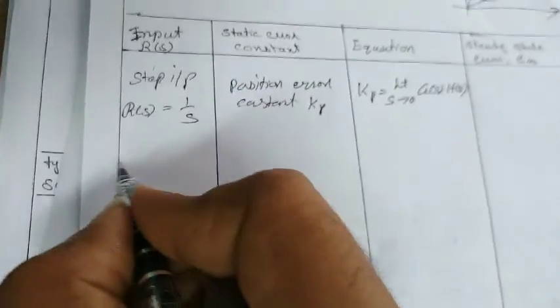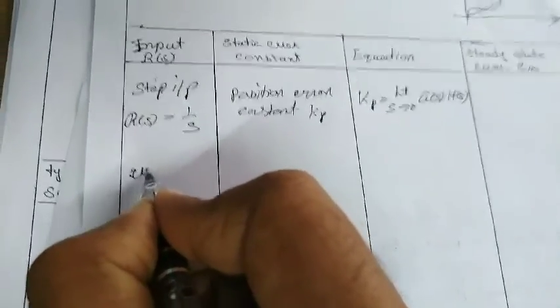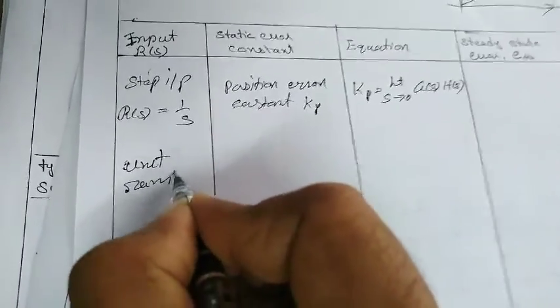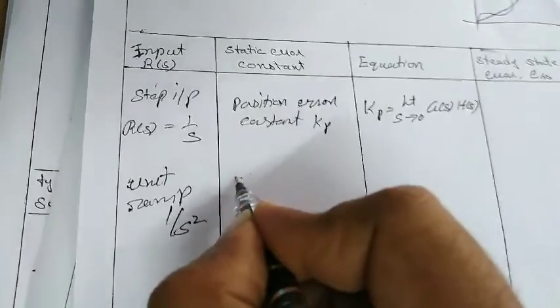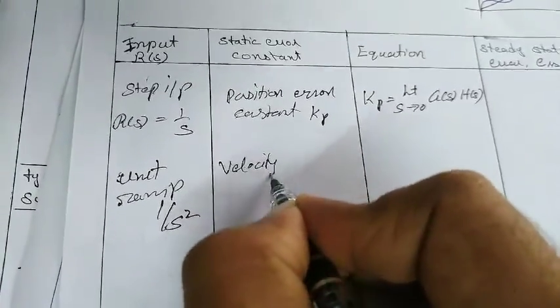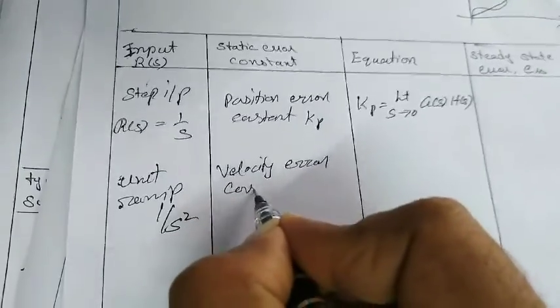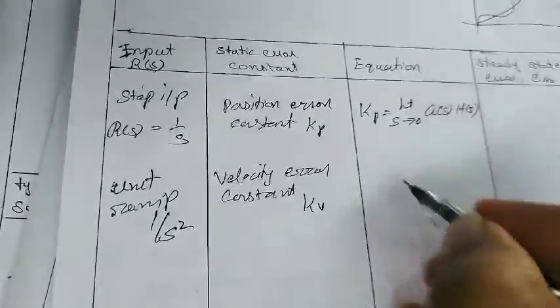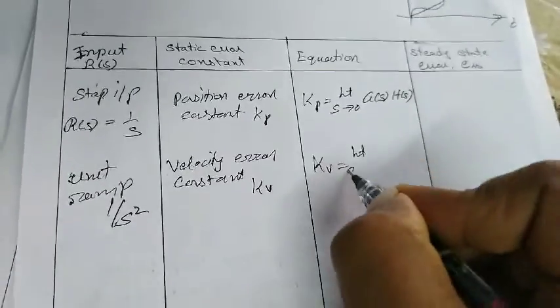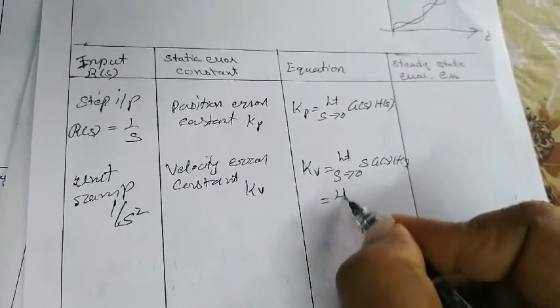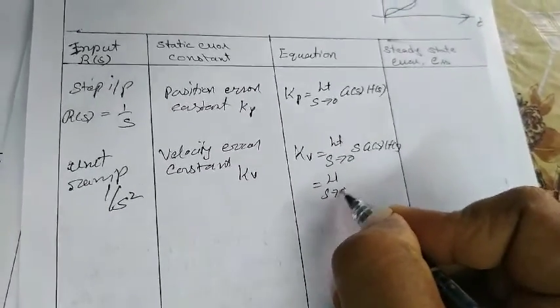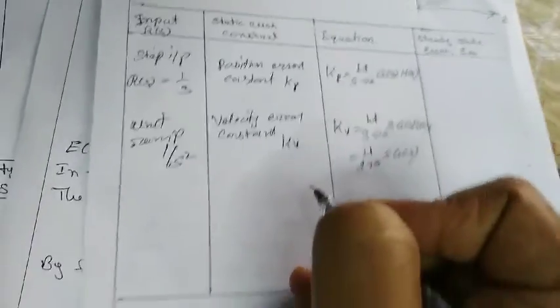If it is unity feedback, it is only limit s tends to 0 and g of s. Similarly for ramp input, unit ramp 1 by s square, I'll get the velocity error constant Kv, and Kv is given by limit s tends to 0, s into g of s h of s. If it is unity feedback, limit s tends to 0, s into g of s.